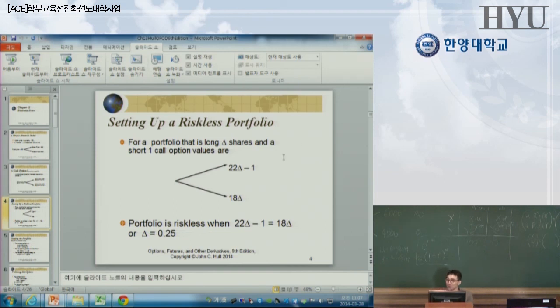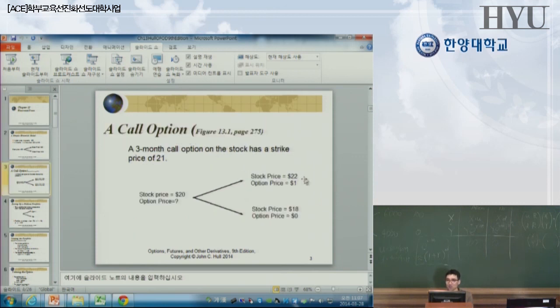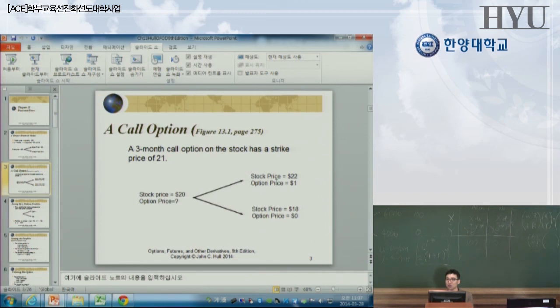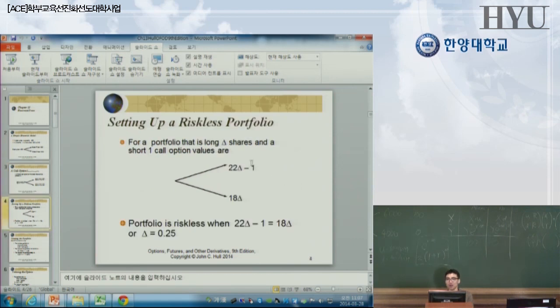Therefore, my portfolio, when the stock price goes up to $22, since I have delta shares, the value of my stock is 22 multiplied by delta. But since I sold the call option, I have to pay $1. So my payoff is this one.